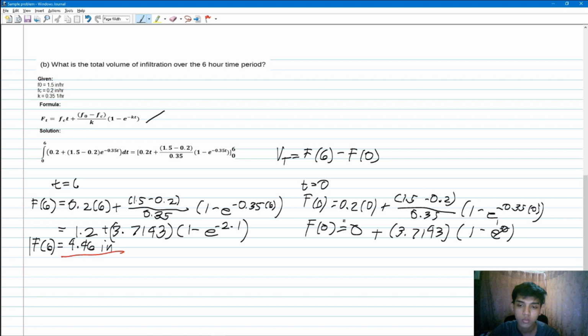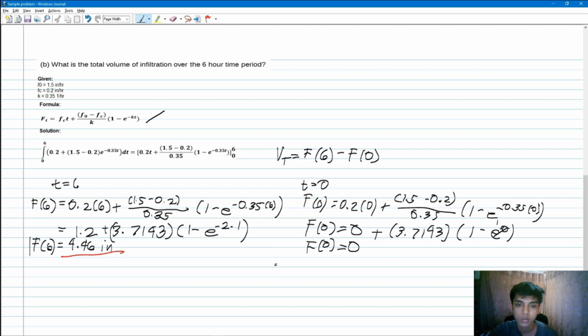So 1 minus 1 is equal to 0, and multiplying a number by 0 will also equal 0. So F of 0 is equal to 0.